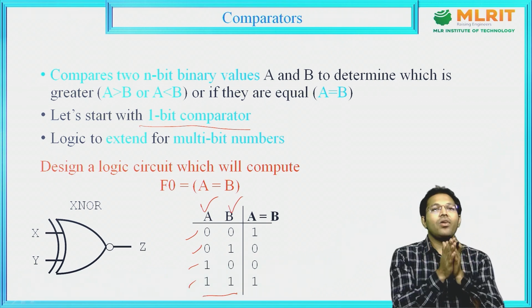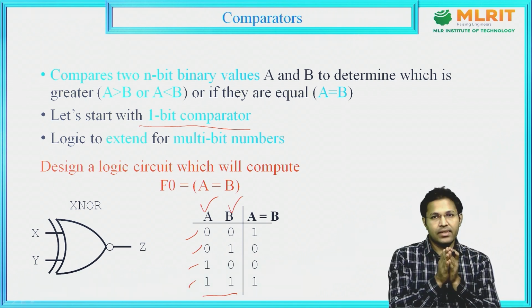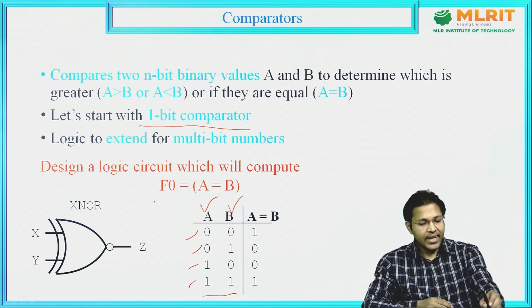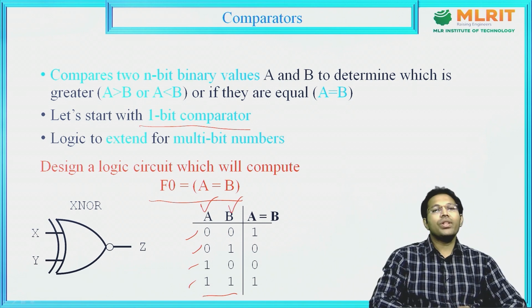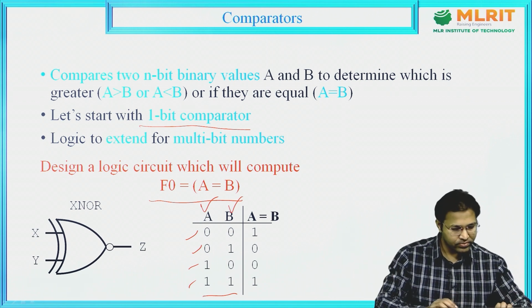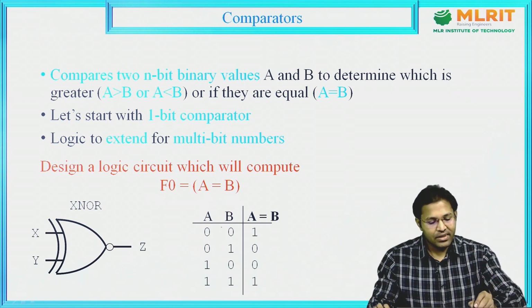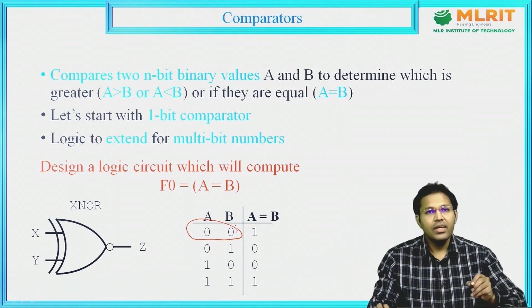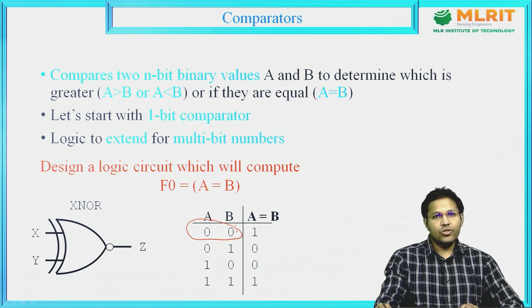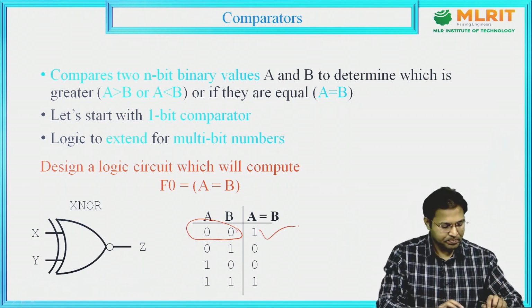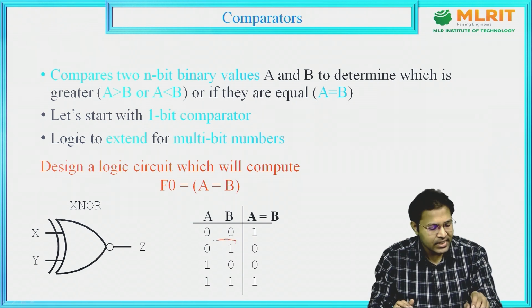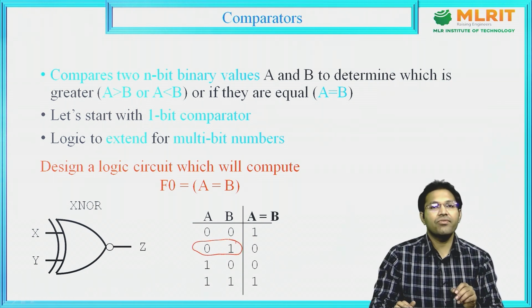Now, the truth table of a simple comparator can be constructed in this manner. Let us say the output is 1 when both A and B are equal, otherwise it is 0. First case, A is 0, B is 0. Both A and B are equal, so we get a 1 here. Second case, A is 0, B is 1.